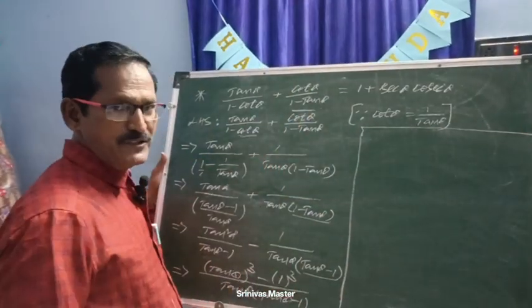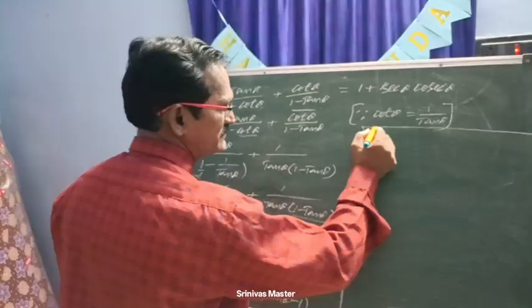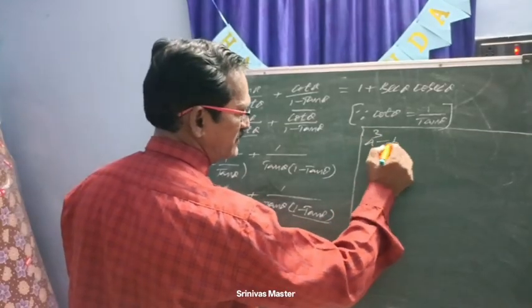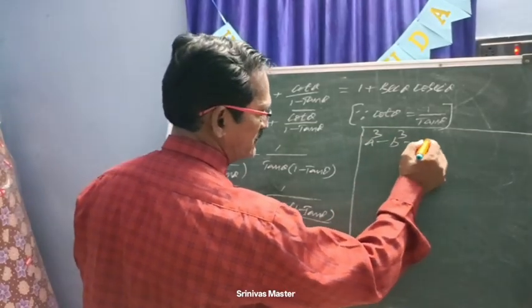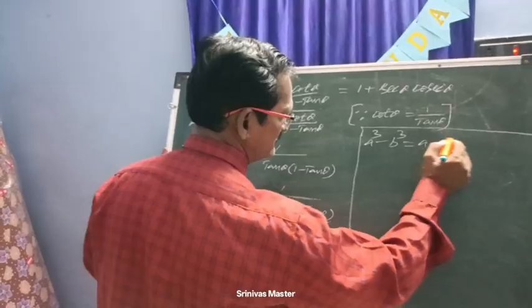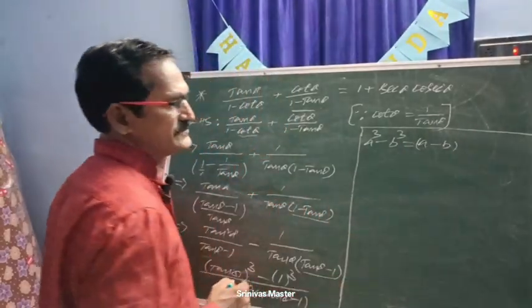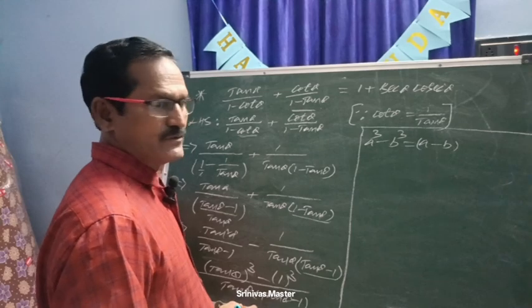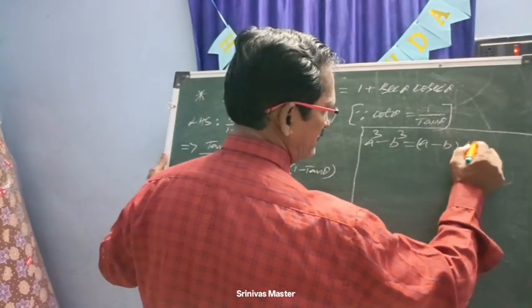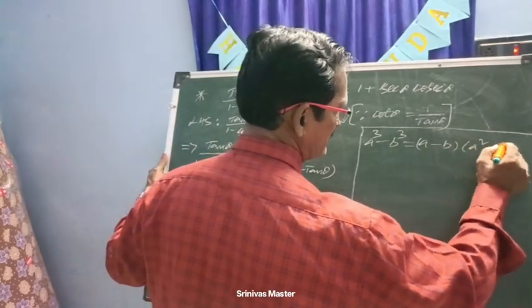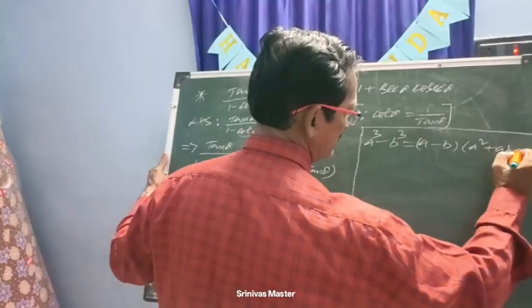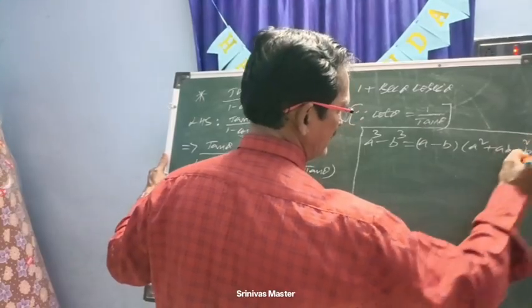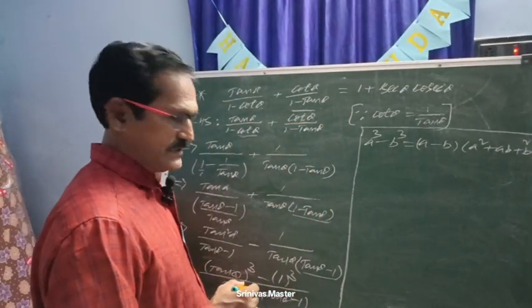A cube minus b cube. It is in the form of a cube minus b cube. This can be written as a cube minus b cube is equal to a minus b of a square plus ab plus b square. Actually, this is the algebraic identity, you know that.